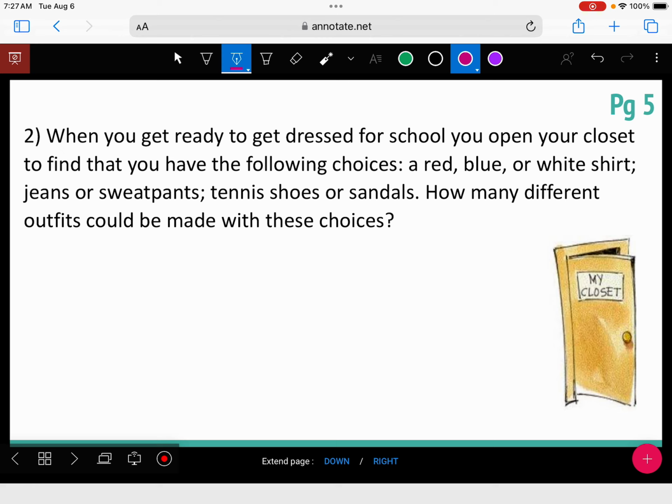This is just like that first bell work problem, where we're taking that fundamental counting principle and figuring out how many options we have.